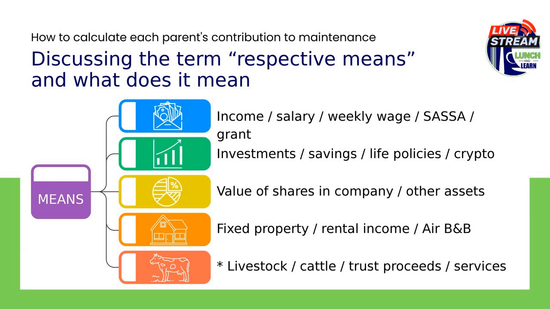Furthermore, there's also much case law which says that the courts would also look at investments or savings or even life policies when it comes to what is considered means. The court could actually make an order that you have to realize some of the capital of your life policies and or investments in order to fulfill your maintenance obligation.